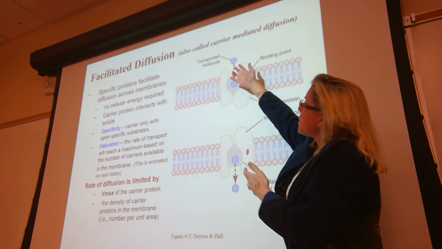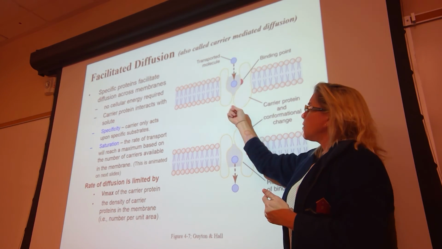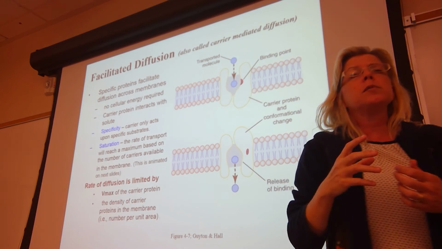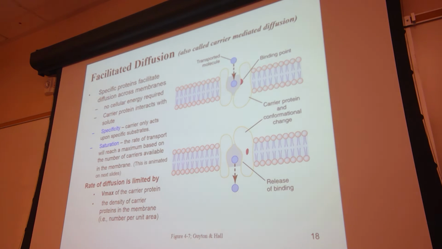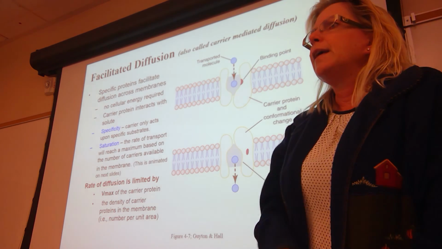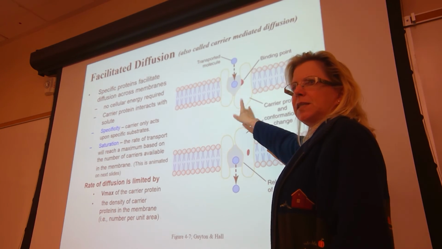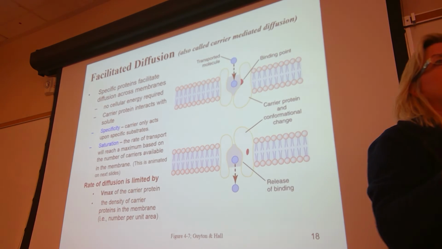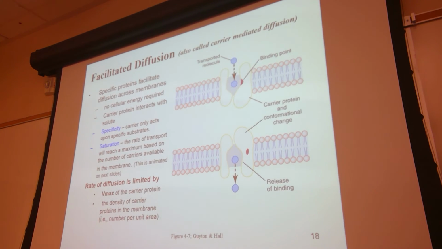But if too much glucose gets filtered and you overwhelm those carriers, then some of the glucose doesn't get moved back into the blood and it ends up in the patient's urine. Finding glucosuria, finding glucose in your patient's urine, is a problem with facilitated diffusion. You don't have enough carriers to keep up with the extra glucose that's been filtered.